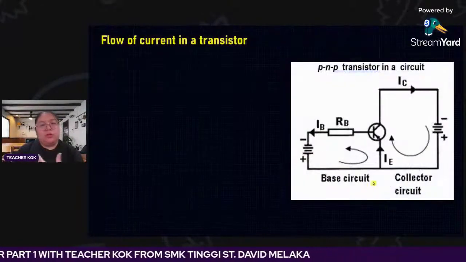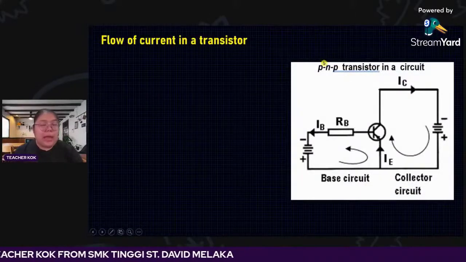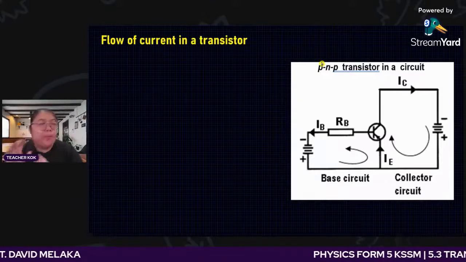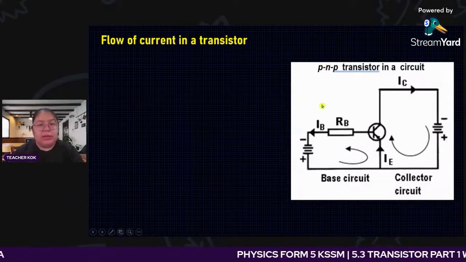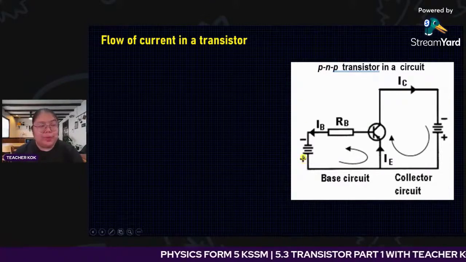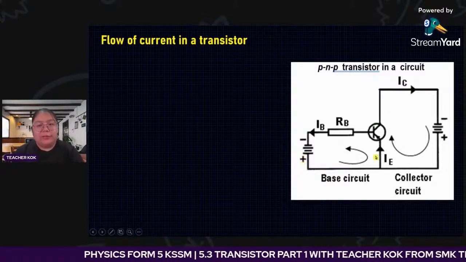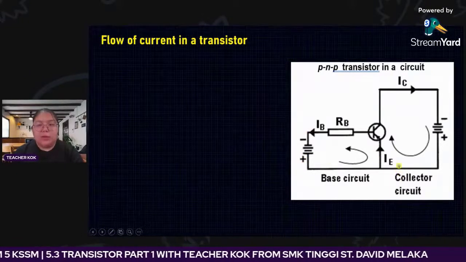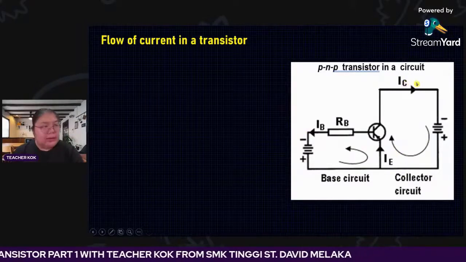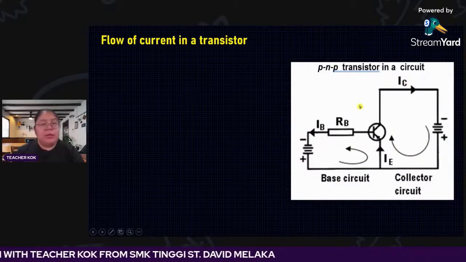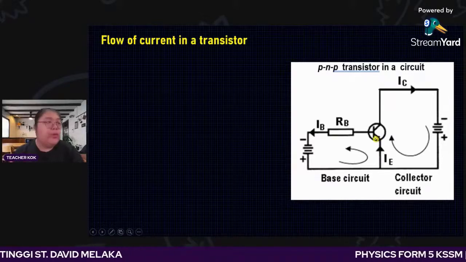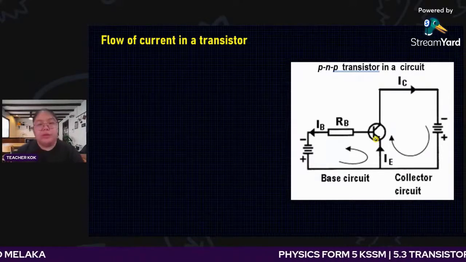Then we go to the opposite one, the PNP. In PNP you can see the direction is opposite. The current now starts from the IE at the bottom. It will go to IB and also to IC. So for PNP, when you draw the transistor, you need to reverse the arrow. When you reverse the arrow, the battery terminals also need to be reversed.